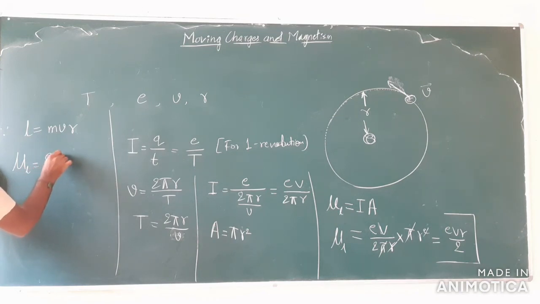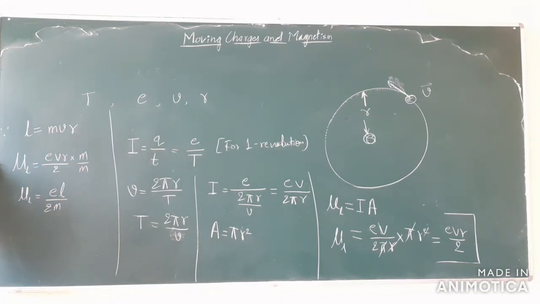So it is e v r by 2 into m by m. Look at this, mvr together is equal to L. So it is e into L divided by 2m.